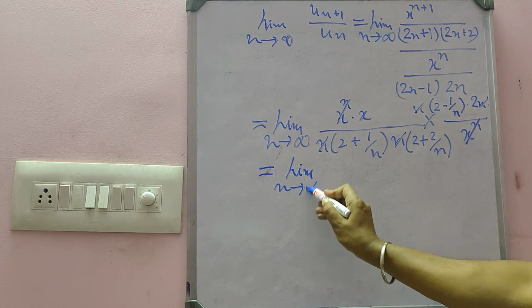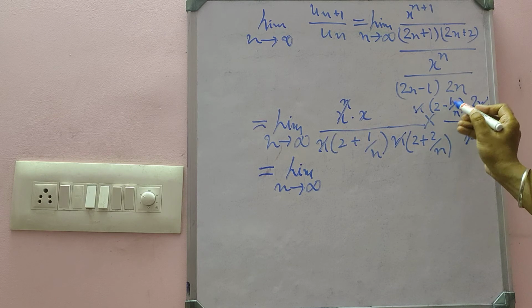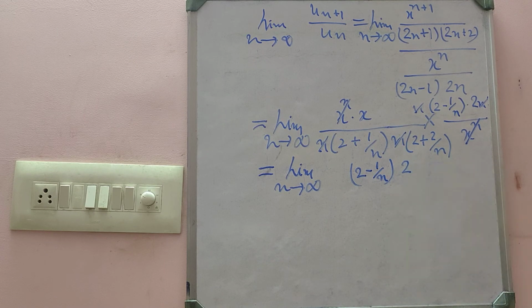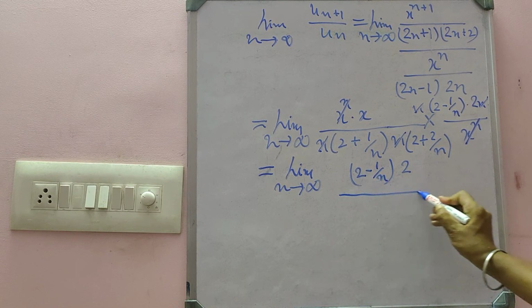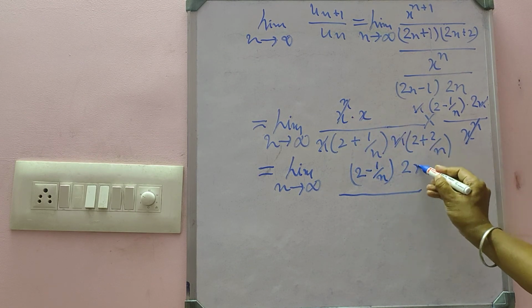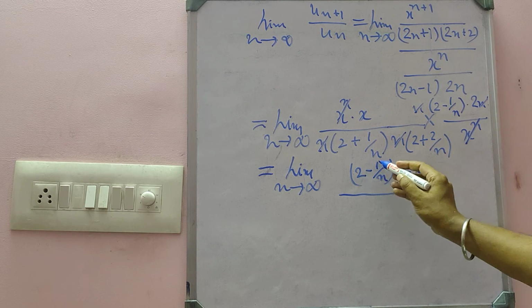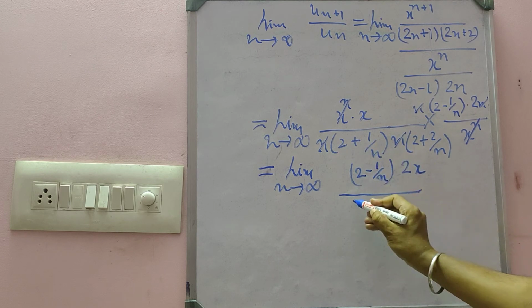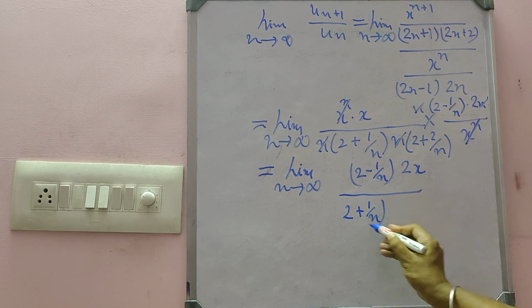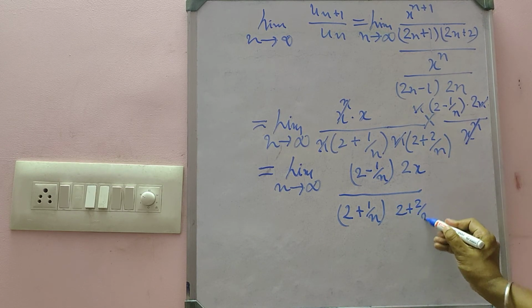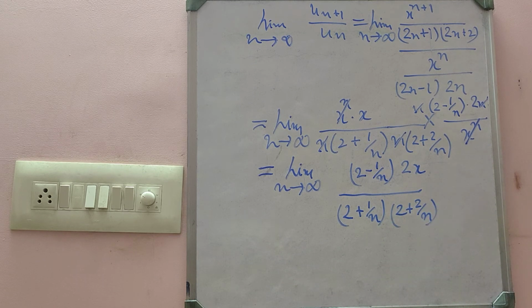Limit n tends to infinity, (2 minus 1 by n) into 2x, divided by (2 plus 1 by n) and (2 plus 2 by n), which is our denominator part.